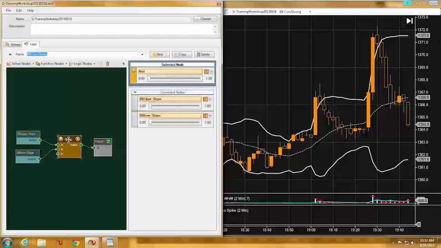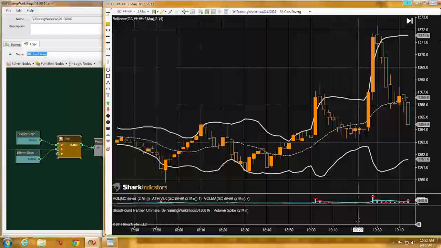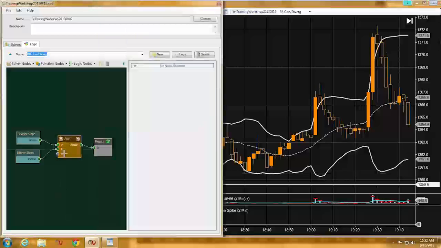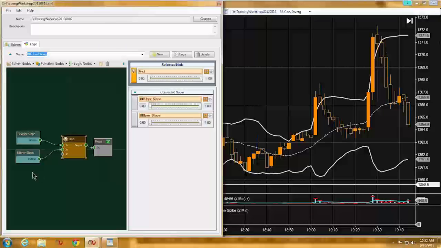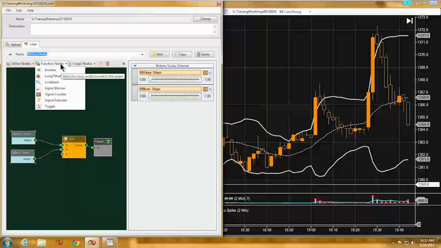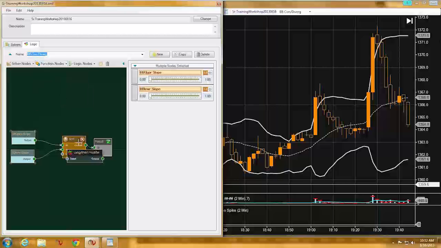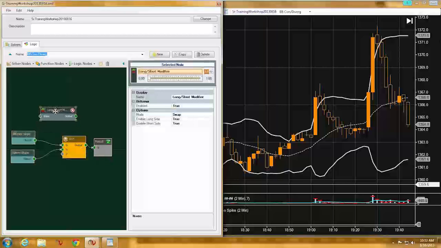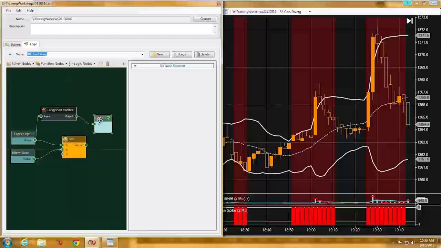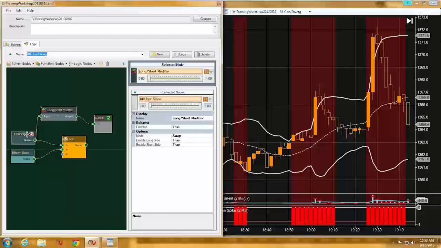All right, so AND node, and in the AND node, you can see right now, of course, there's no output because our longs are conflicting with the shorts. So what I'll do is I'm going to use the long short modifier. Let's take a look.